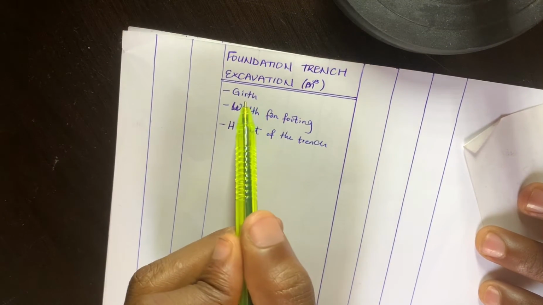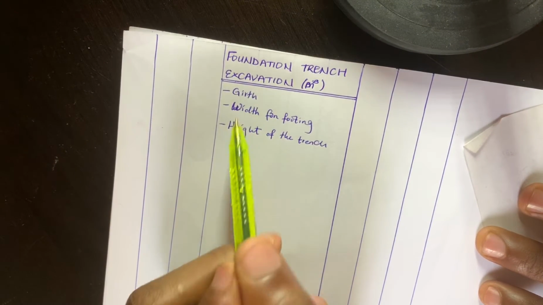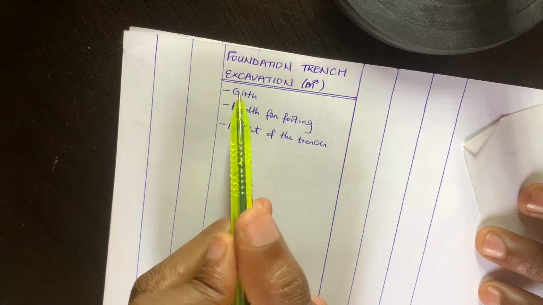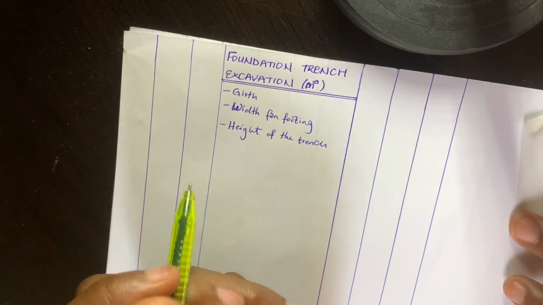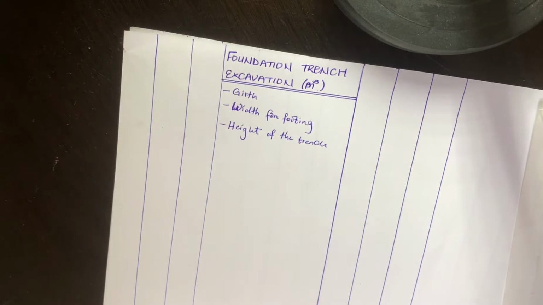Now we're going to be looking for each of these values, and that is what will make up our meter cube. Now, how do we calculate the girth of this building here?